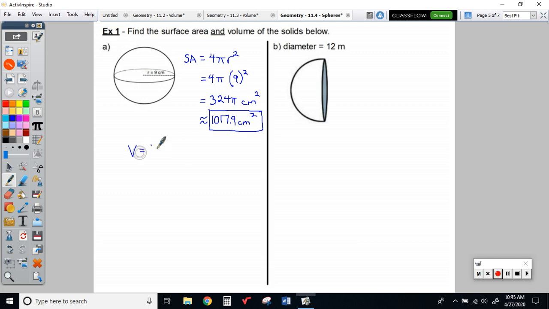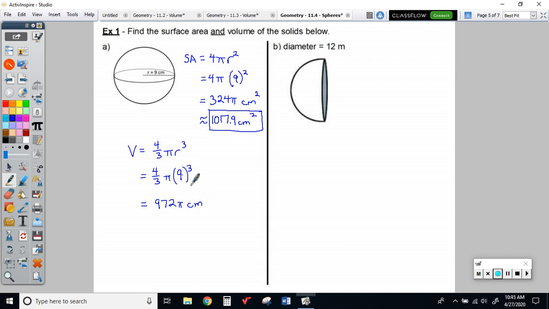And then volume, 4/3 pi r cubed. So you've got 4/3 pi times 9 cubed. If you cube 9, that's 729, and take that times 4/3, you end up getting 972, and then we have that times pi, so that would be an exact answer here, and this is centimeters times centimeters times centimeters.